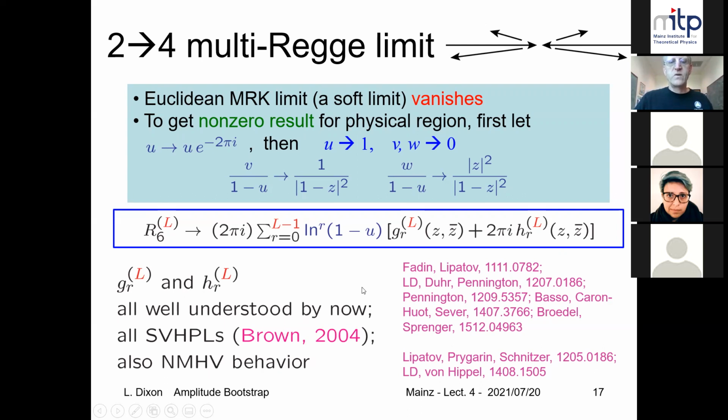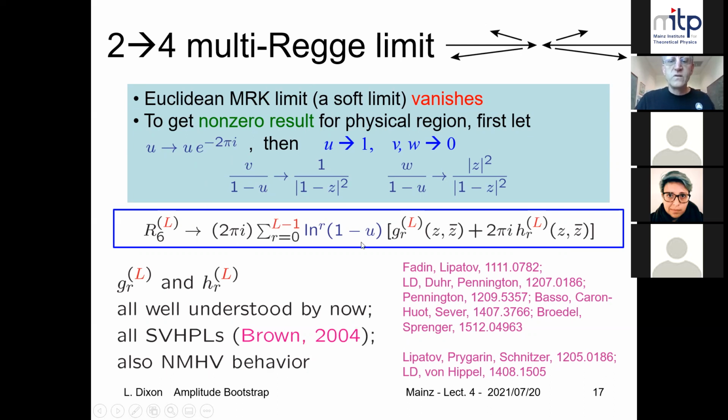And so all of the functions, the amplitudes, for example, the remainder function, can be expanded in terms of such functions of weight going up to 2L minus 1. It's 2L minus 1 because there's a loss of 1 weight from this 2 pi i, which comes from taking a discontinuity.